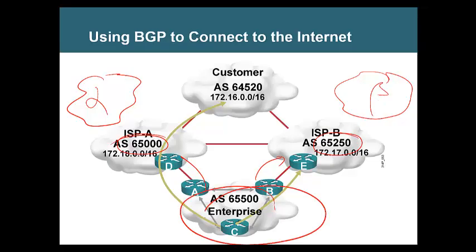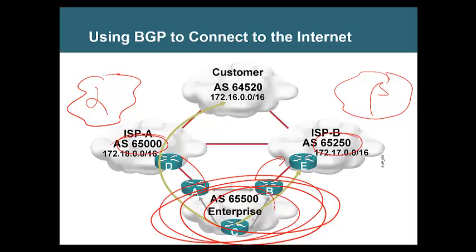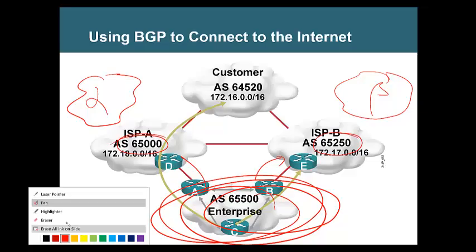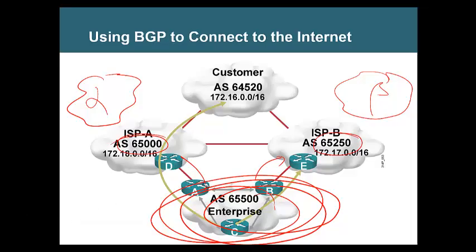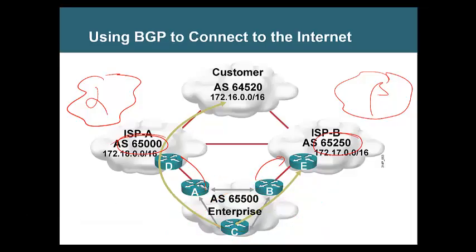Now, from your autonomous system, going to alpha, which is best, ISP A or ISP B?